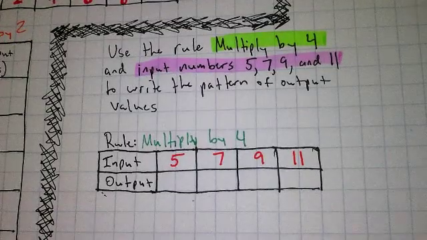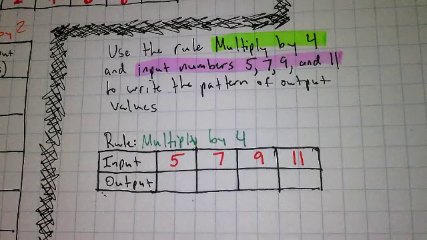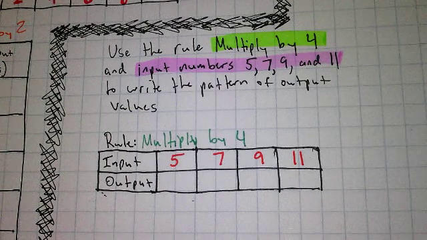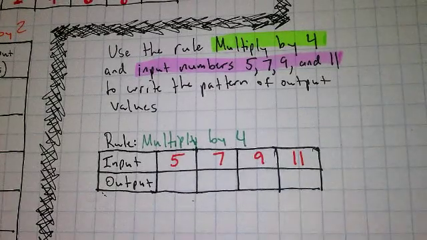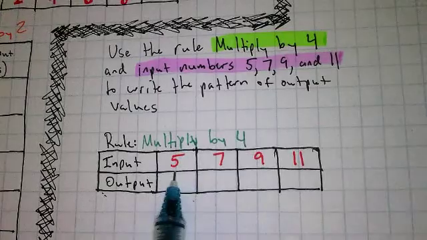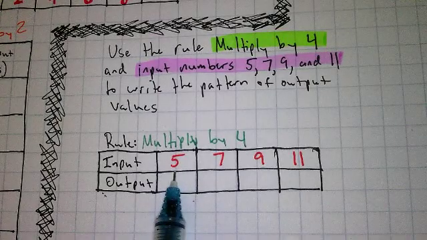Now all I have to do is actually find the outputs. I know my input numbers, I know my rule, so all I have to do is find the outputs, okay? I can find the outputs by doing the rule to each of my input numbers, right? So, I'm going to take my first input number 5, and what am I going to do to that 5?